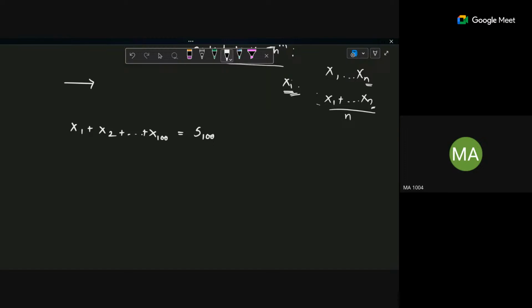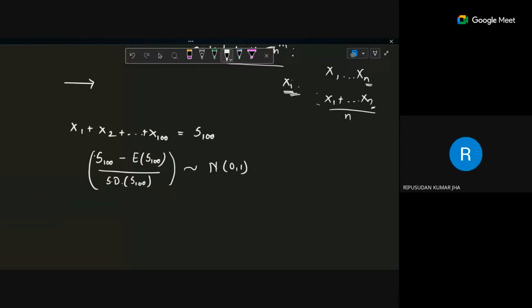So what CLT says in terms of a mathematical formula: S100 minus the expectation of S100, upon the square root of the variance of S100, or the standard deviation of S100, will follow a normal 0, 1 distribution.